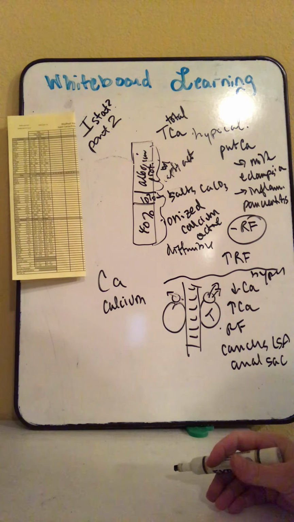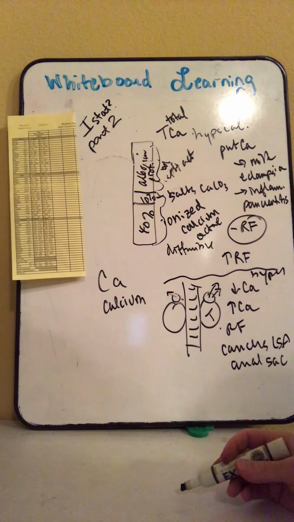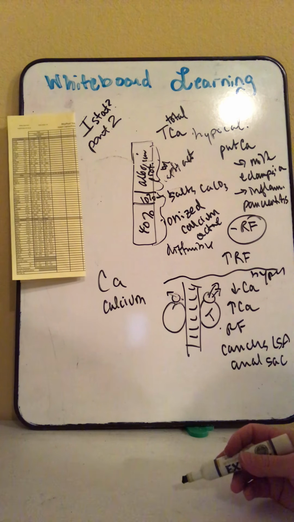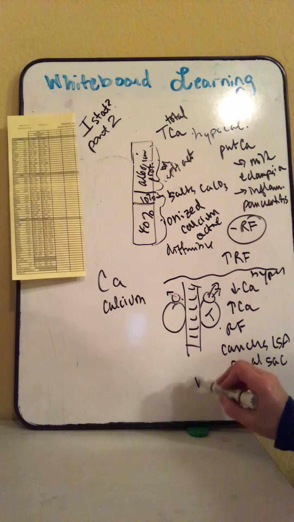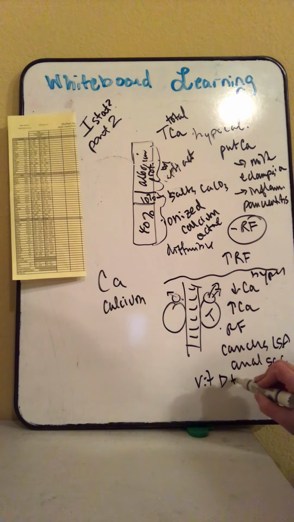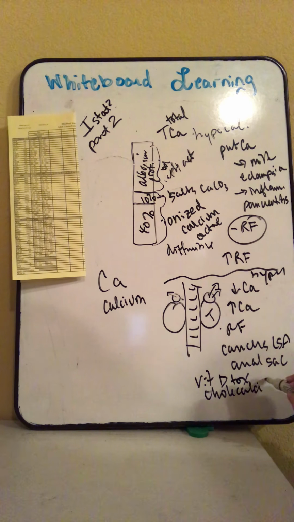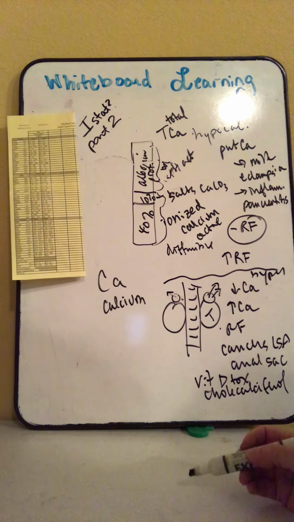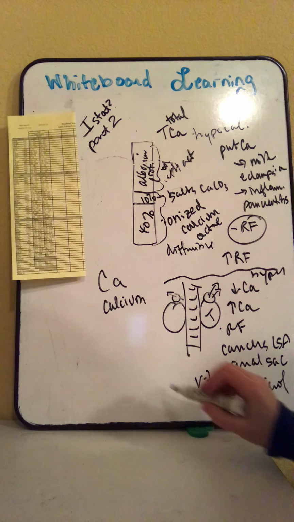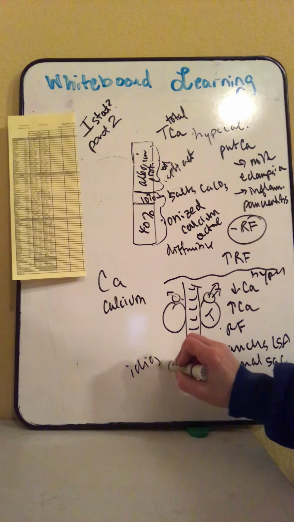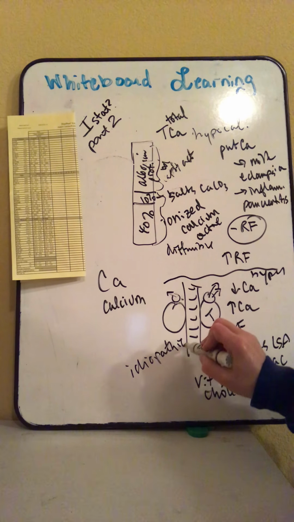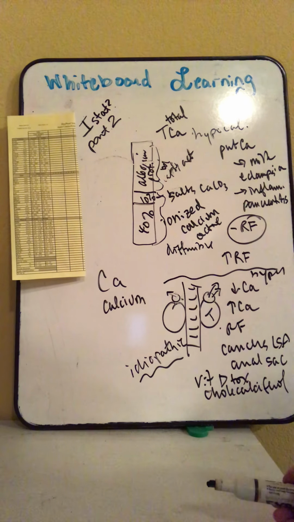They have ways to mimic this system and make your calcium go up. And then some toxicities, like vitamin D toxicity, which is also cholecalciferol in rat bait, can do that as well. And then some cats have something called idiopathic hypercalcemia, where it goes up and we don't know why. That's what that word means.